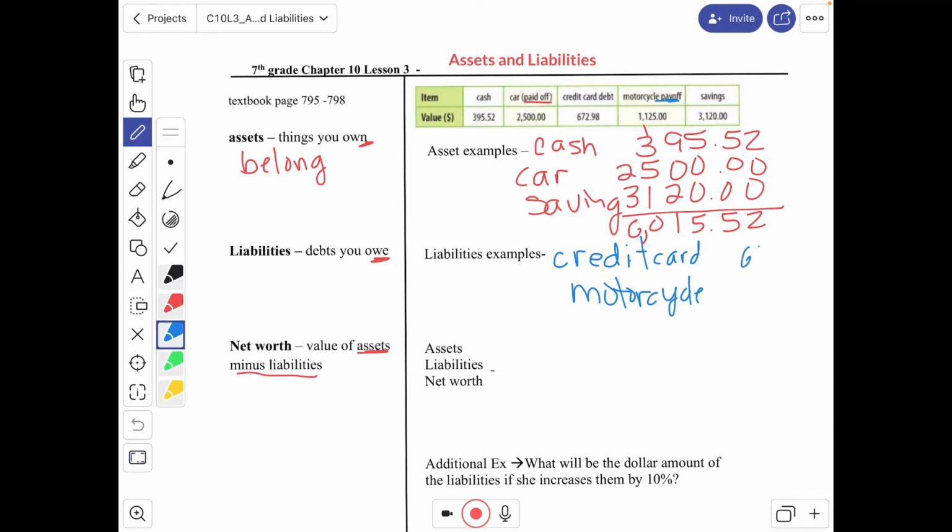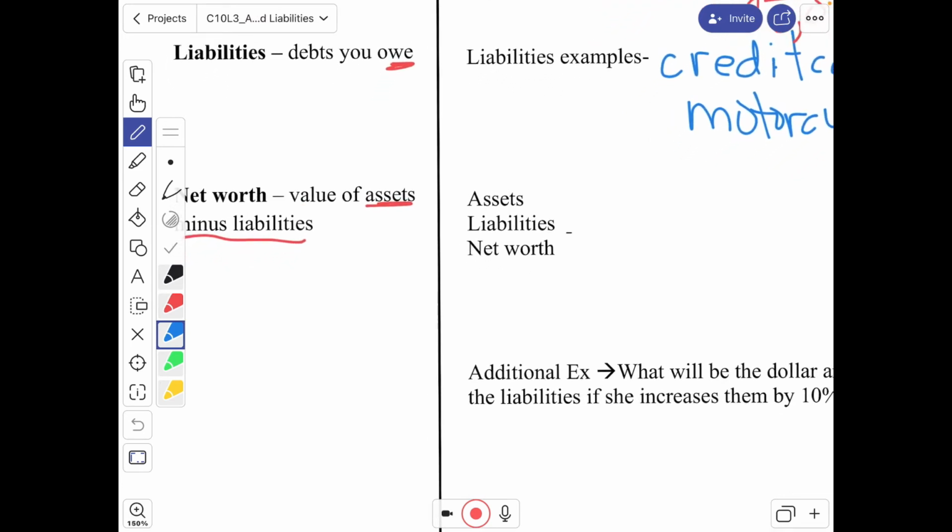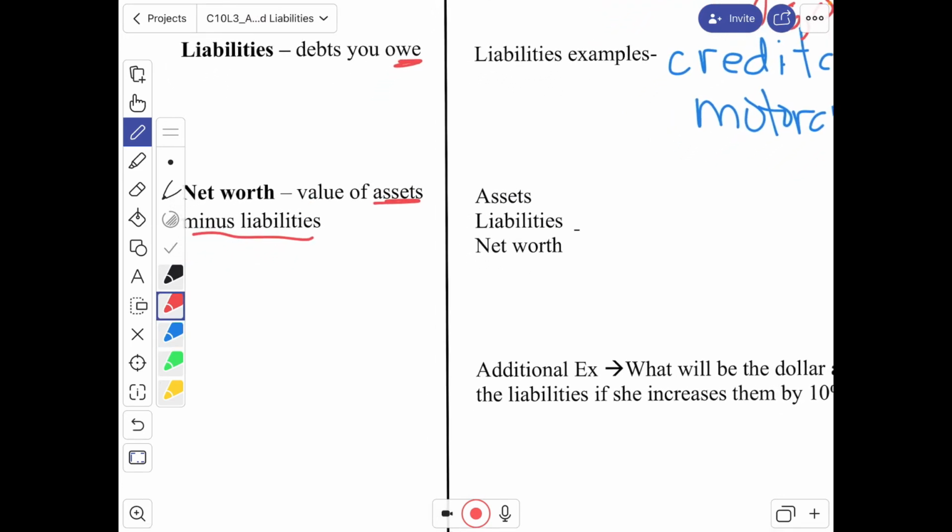And then our credit card debt plus what we owe on the motorcycle is $1,797.98. Okay, now to find the net worth, we're going to subtract those two numbers.